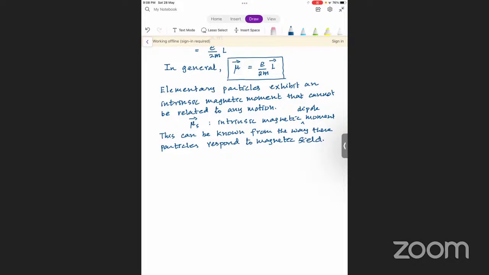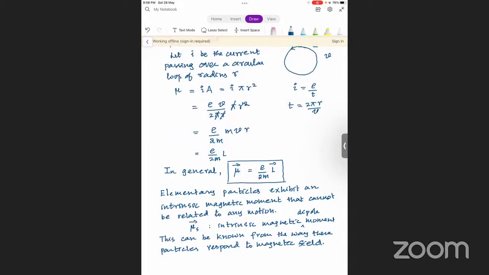Now, like in the orbital case, in the previous case we have an angular motion and an angular momentum associated with that, and in this calculation we said that the angular momentum gives rise to the magnetic moment mu.